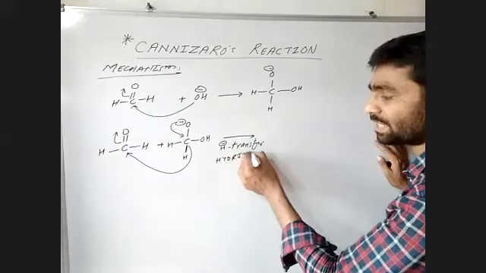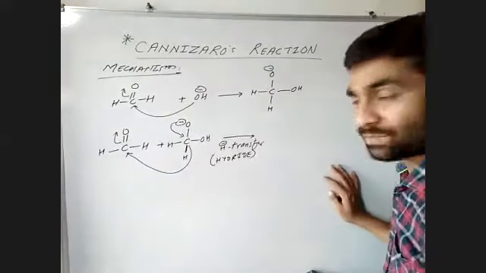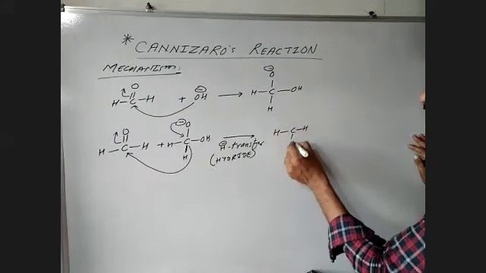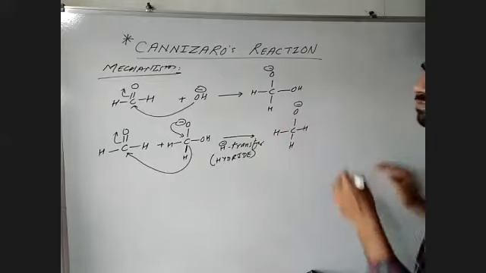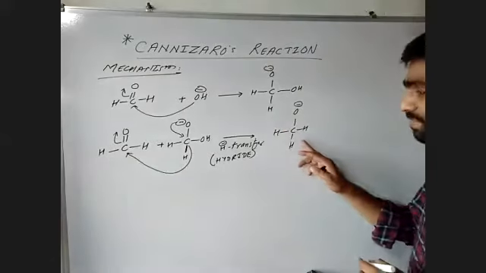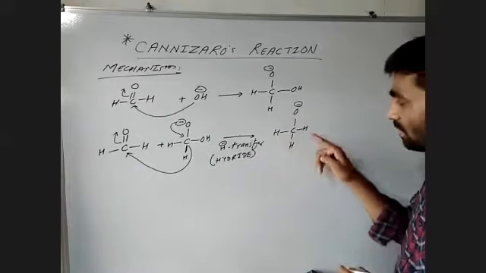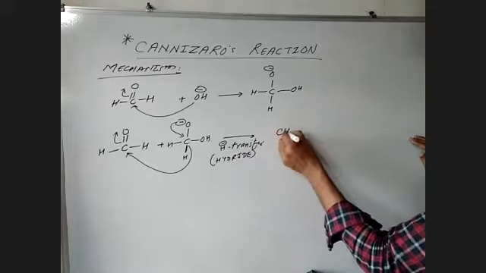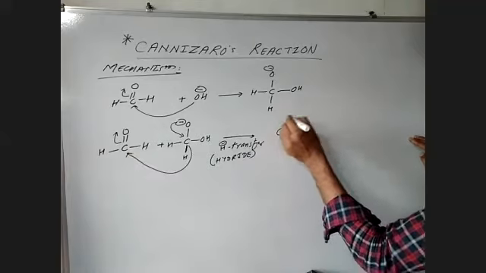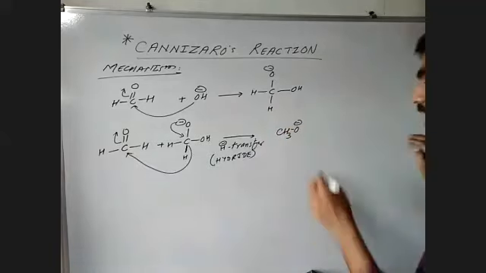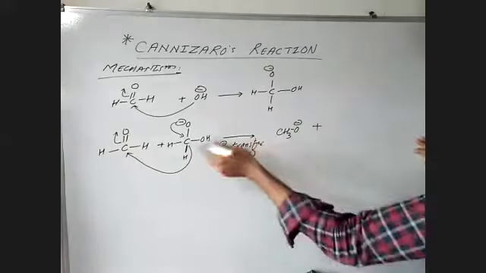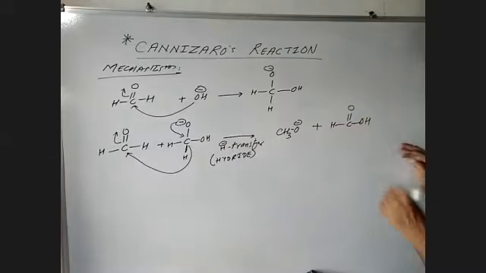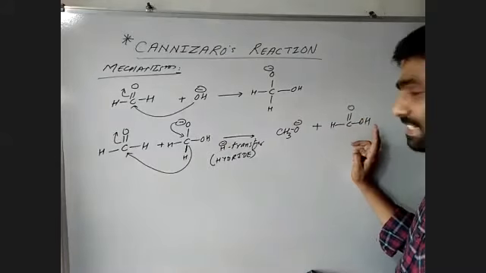So hydride transfer takes place in Cannizzaro reaction. Then from formaldehyde, we can have CH3O minus, yes, no problem, CH3O minus methoxide ion. And on this side we can write H, C double bond O, and this is formic acid.